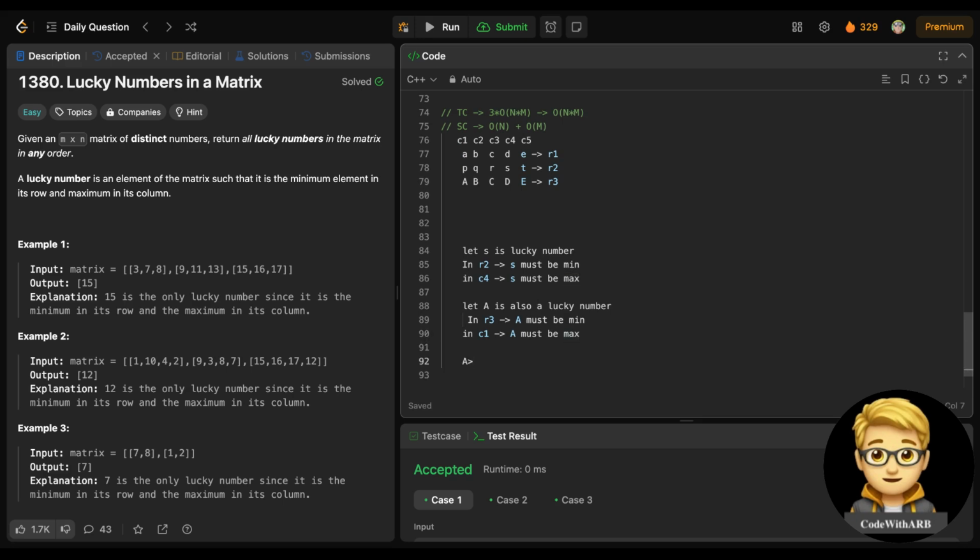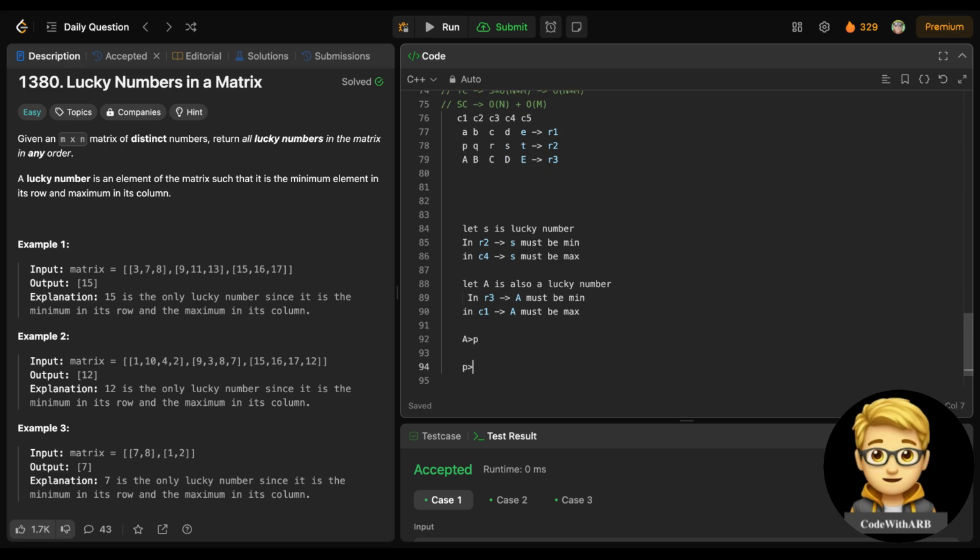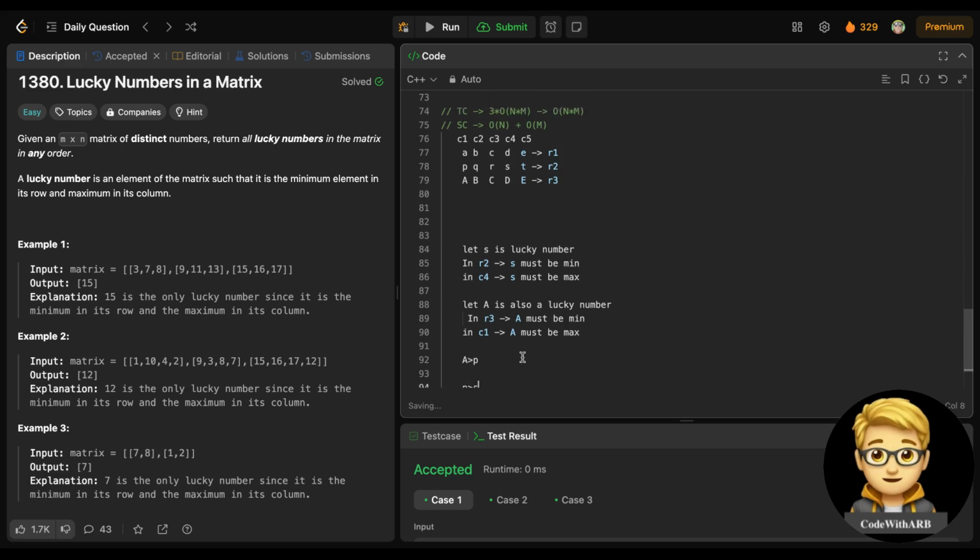If a is greater than p in its column, then p is smaller than a. And we know that for this row, s is minimum. So p is greater than s, right? p is greater than s.